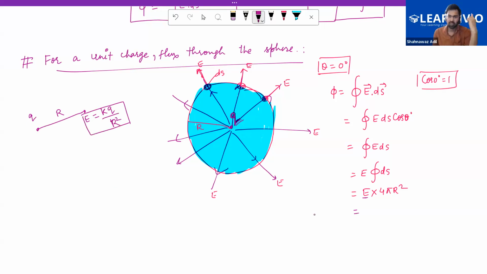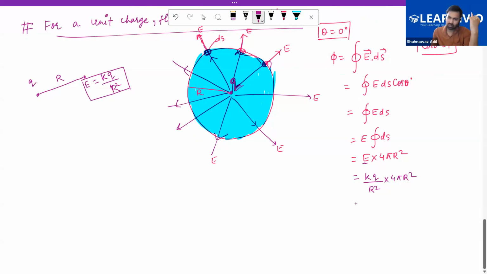So this electric field is K Q by R square, and then 4 pi R square. So what is this K? K is 1 by 4 pi epsilon naught, right?